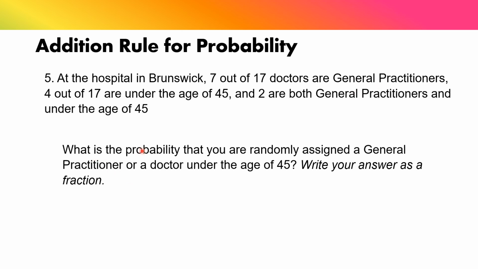All right, so our question is, what's the probability that you are randomly assigned a general practitioner or a doctor who's under the age of 45? All right, so we need to assign some variables here. So I'm going to call general practitioners GP, and I'm going to call under the age of 45 U. All right, just to make it less writing for me.